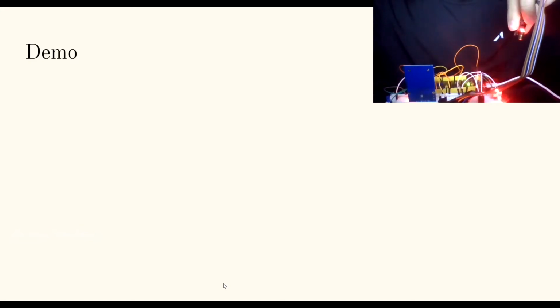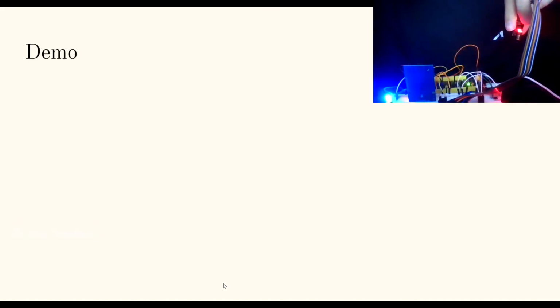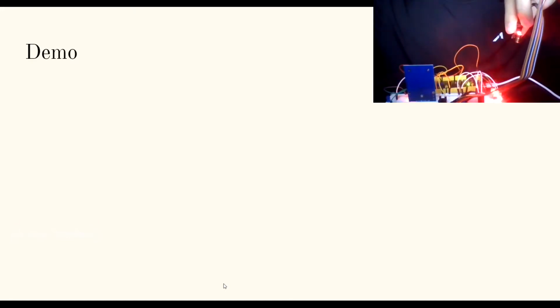Nobody's trying to get into your house. So if somebody were to cross it, as you can see here, the light would come on, which will indicate that somebody is coming through.